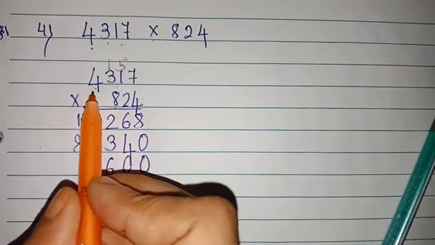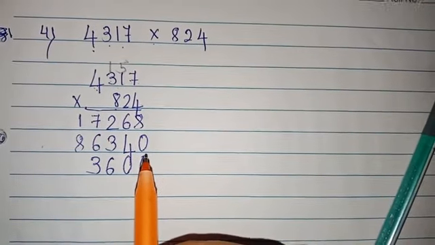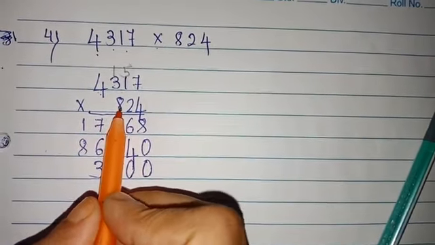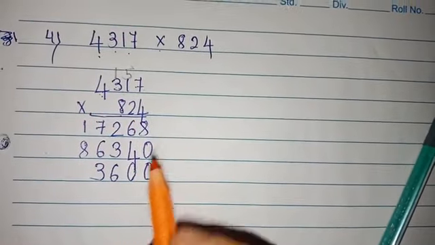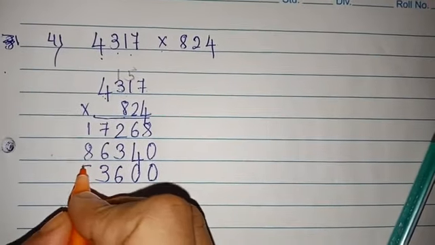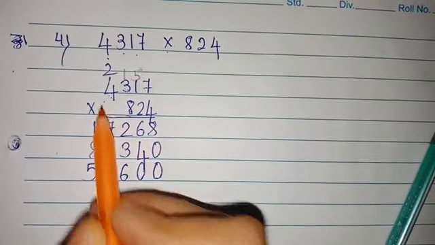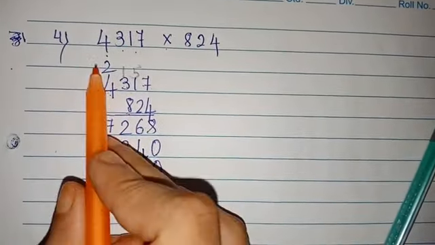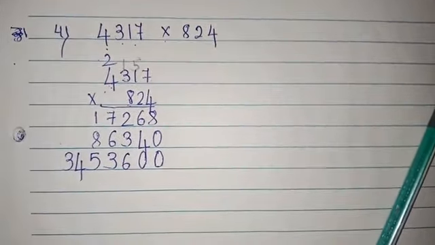Now 8 threes are 24, 24 plus 1 is 25, so 5 will come here and carry forward 2. Now 8 fours are 32, 32 plus 2 is 34, 3 and 4.